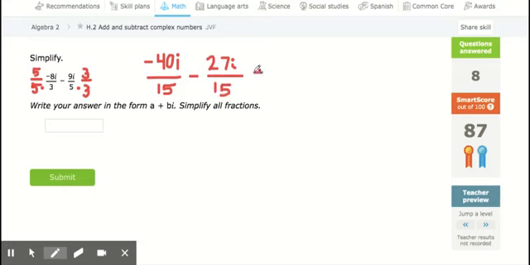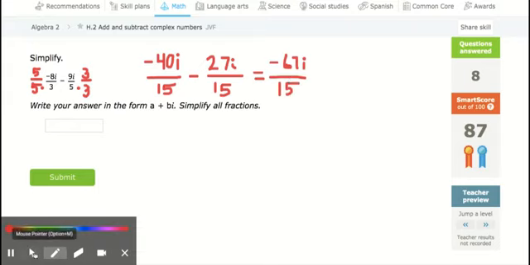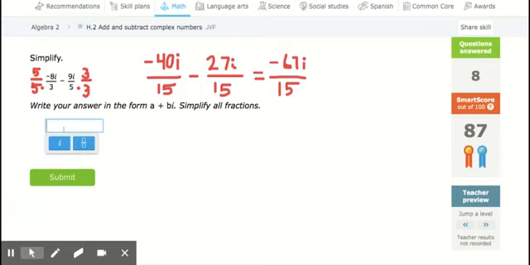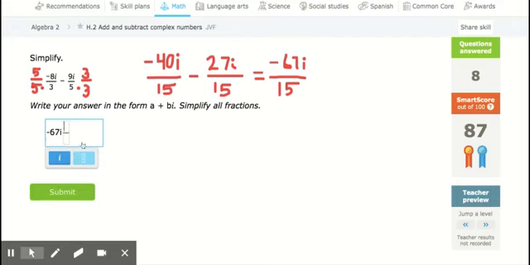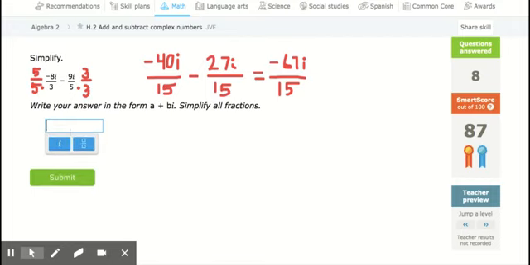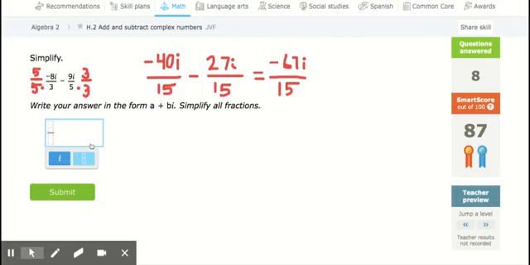So let's think about this as negative 40i, take away 27, that's going to be negative 67i divided by 15. So negative 67i, oh, I got a fraction first, excuse me, negative 67i divided by 15.